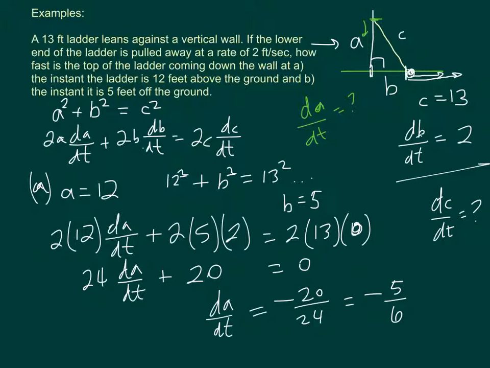And again, this will be in feet per second. And this confirms that, yes, we said that as that ladder comes out, A is going to be decreasing, so we do end up with a negative value here.